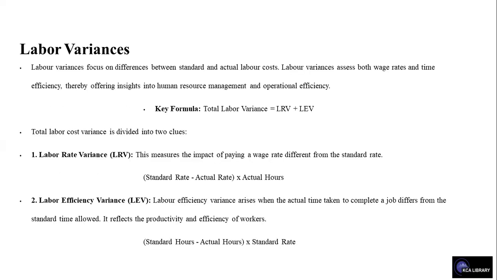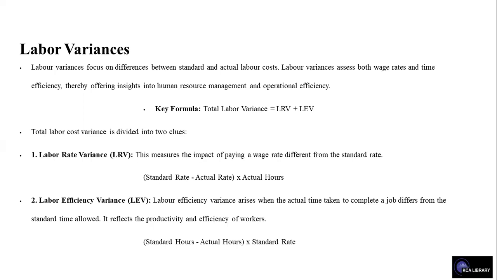We also have the labor variance, which focuses on the difference between the standard and actual labor cost. The labor variance assesses both wage rate and time efficiency, thereby offering insights into human resource management and operational efficiency.